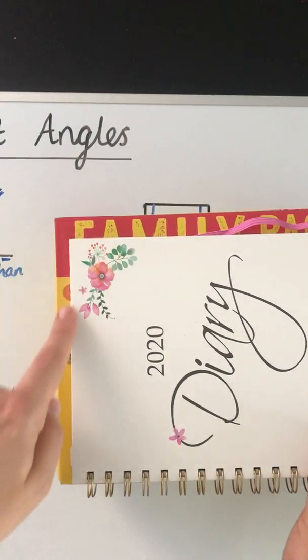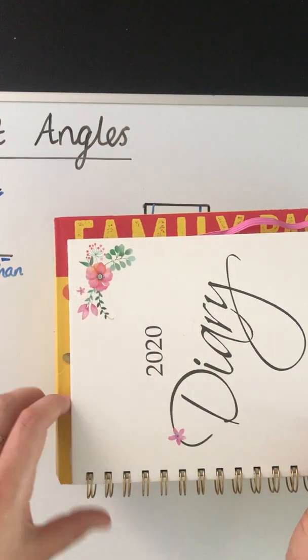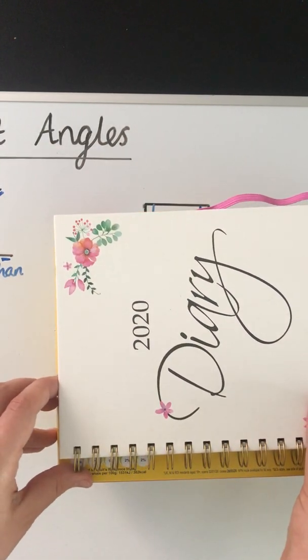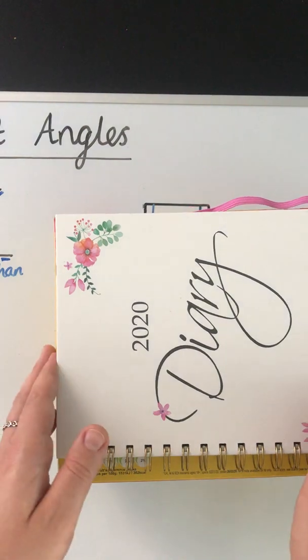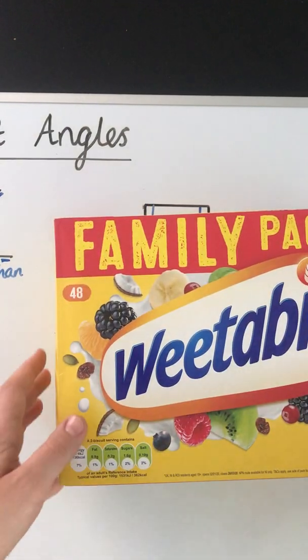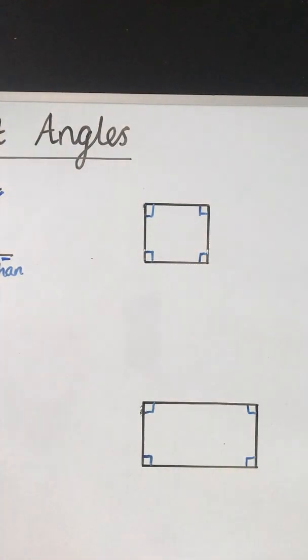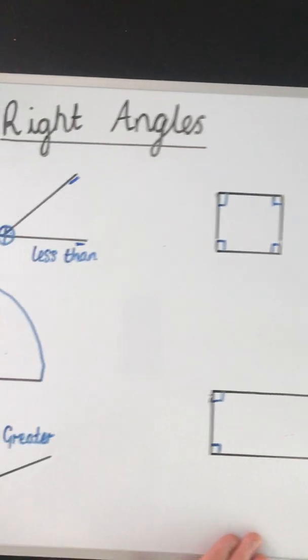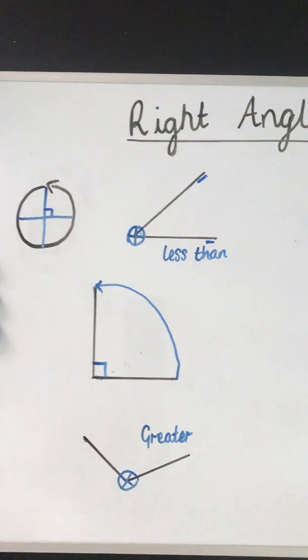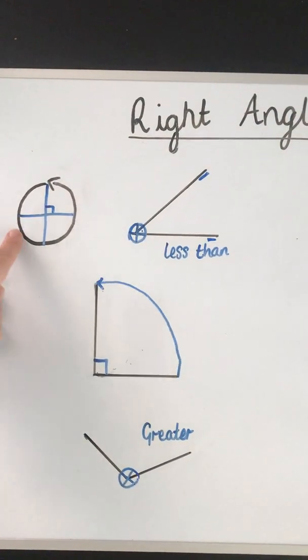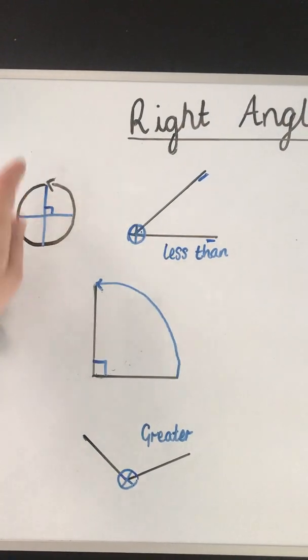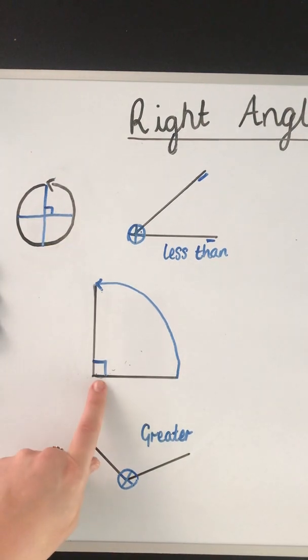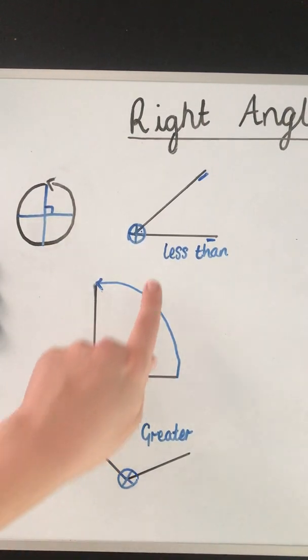I can check whether the angle of that corner is the same as my right angle diary, which I know that is. Now, this is going to be a tricky task. It's challenging for you all, but the main thing I want you to remember is that a right angle is a quarter of a whole turn, okay? So it's just a quarter of a whole turn.